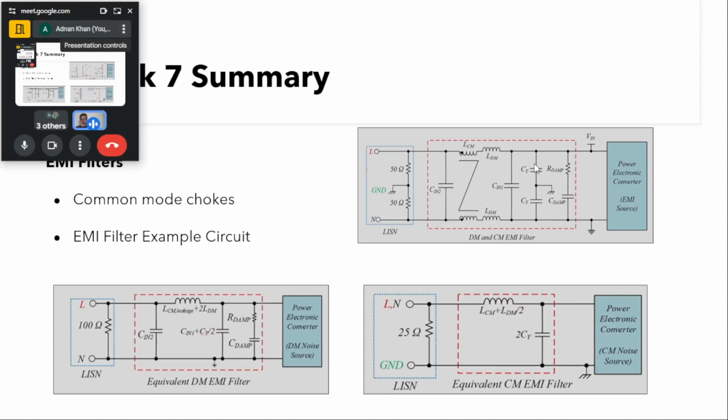These two CY capacitors are connected in series, so this will be equal to CY by 2, and this will be in parallel with this CX, so CX plus CY by 2, and there will be some damping associated with it. This is the equivalent circuit of the filter that we'll see in case of the differential mode noise.